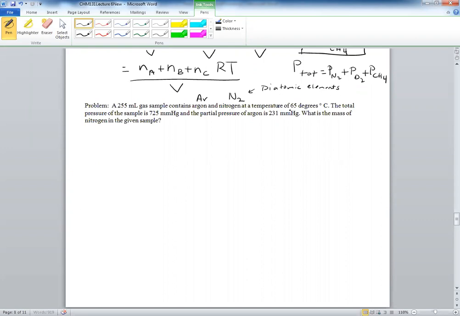At a temperature of 65 degrees Celsius. Right away, convert to Kelvin. So 65 is in Celsius. We need it in Kelvin, and that gives us 338 Kelvin.